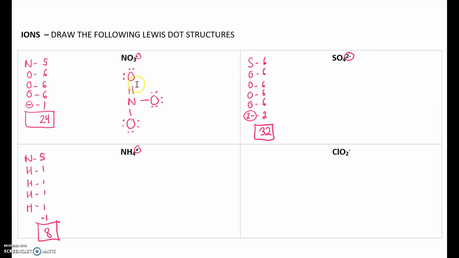Now we just removed valence electrons, which is our point, right? We needed to get rid of some, and moving that bond allowed us to do that. So let's count again now and see how many valence electrons we've used. We now have 2, 4, 6, 8, 10, 12, 14, 16, 18, 20, 22, 24. So we've used all our valence electrons, and the octet rule is still satisfied. This oxygen has 8, this oxygen has 8, this oxygen has 8, and this nitrogen has 8.